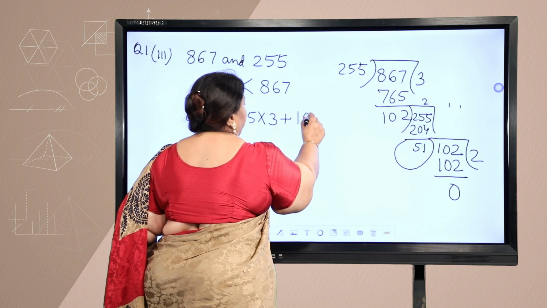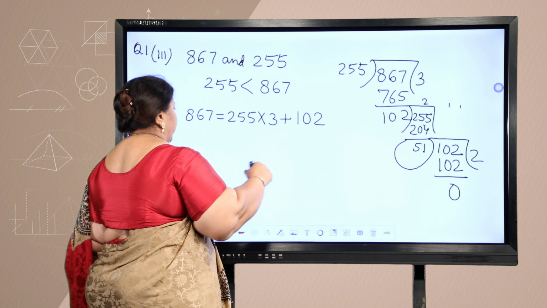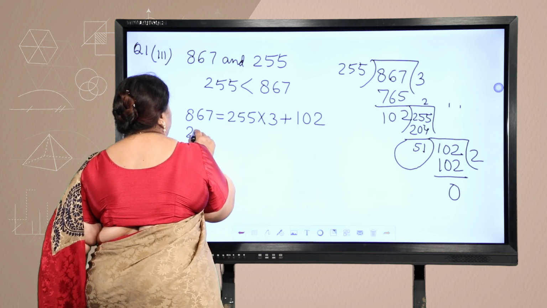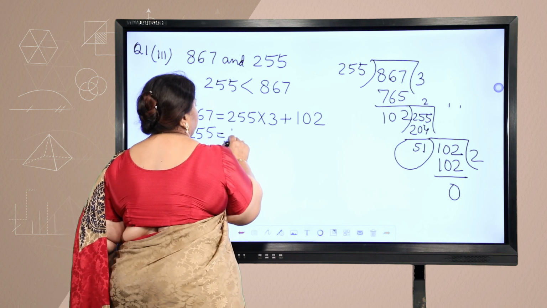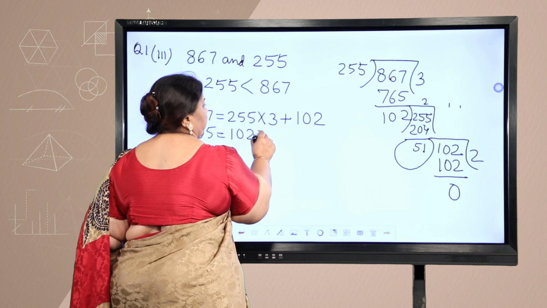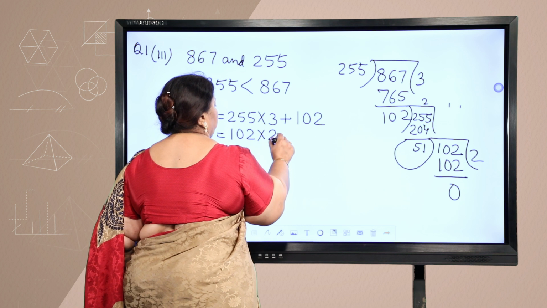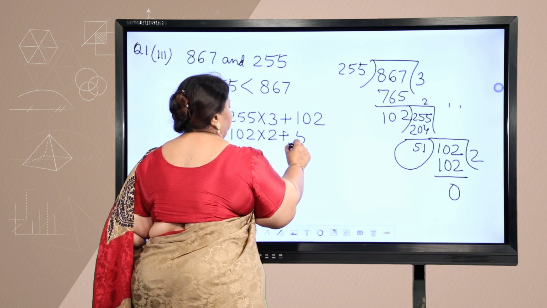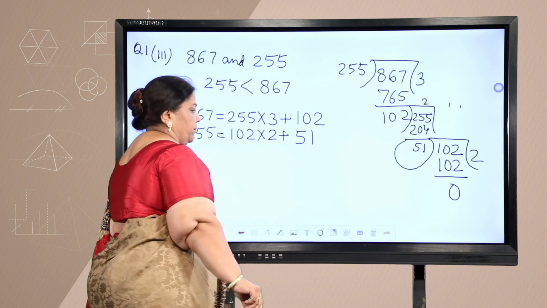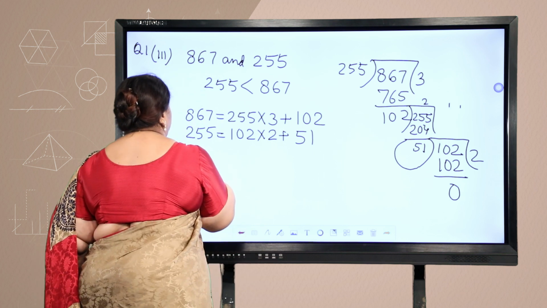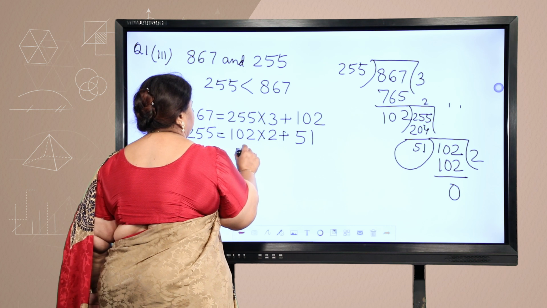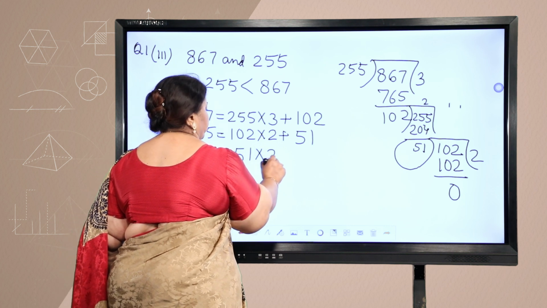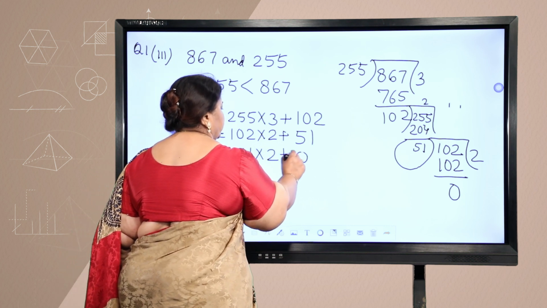Remainder was 102. In the next step, we had taken 255 and divisor was 102 into 2 plus remainder was 51. Again we had taken 102 and we had taken divisor as 51 multiplied by 2 times and remainder was 0.